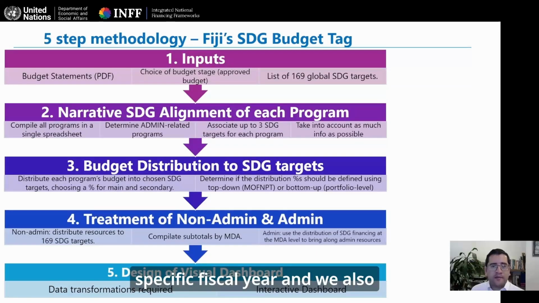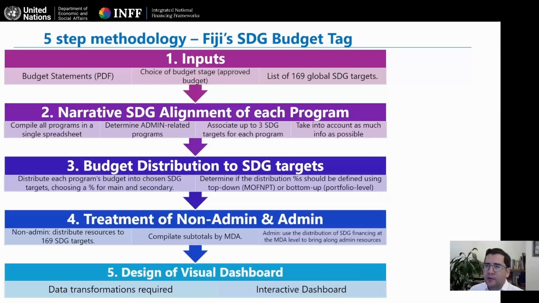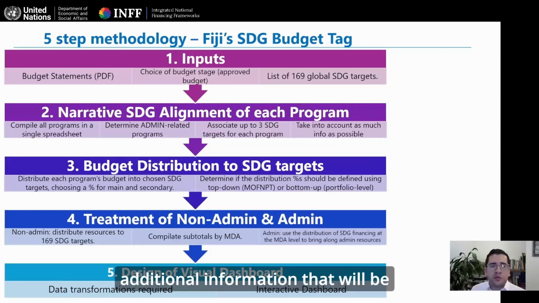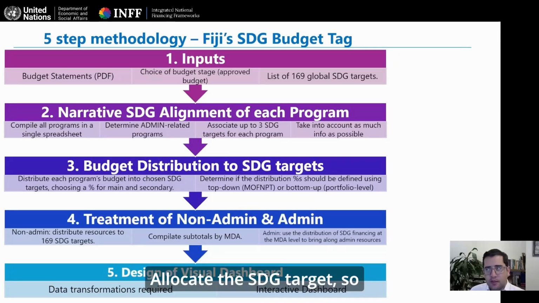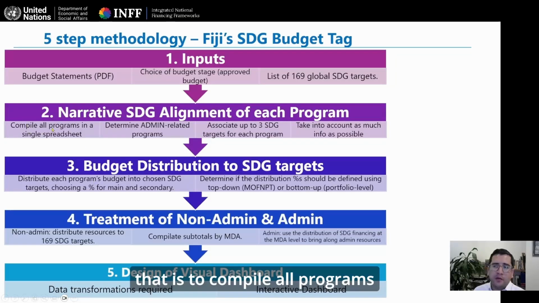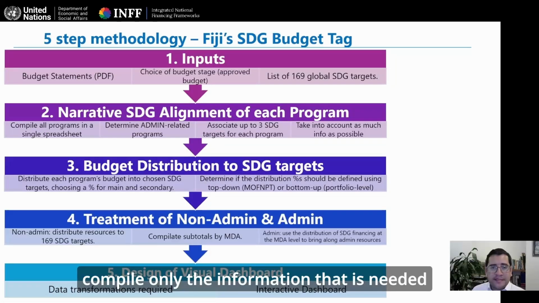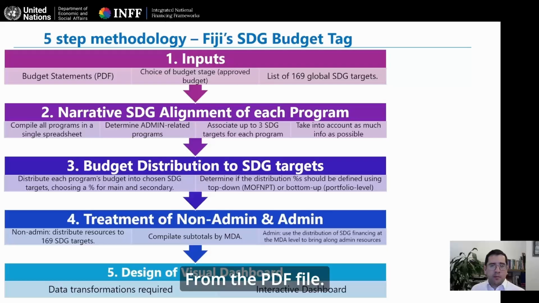And in some cases we also have some outcome indicators or additional information that will be useful to allocate the SDG target. So the first component within that is to compile all programs in a single spreadsheet. We want to make sure that we compile only the information that is needed from the PDF file. So that's the first thing we're going to do.